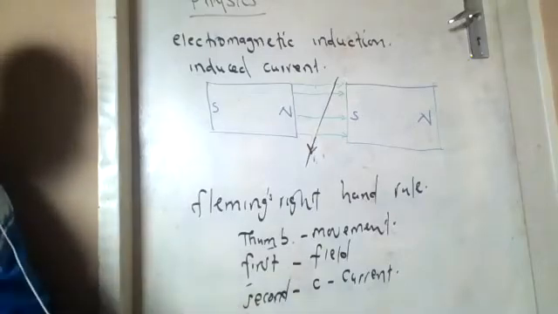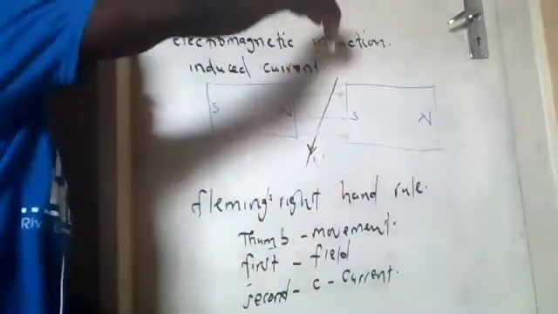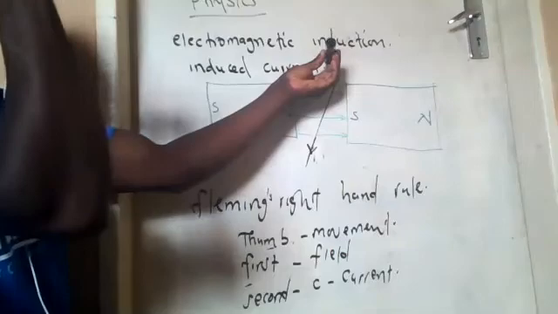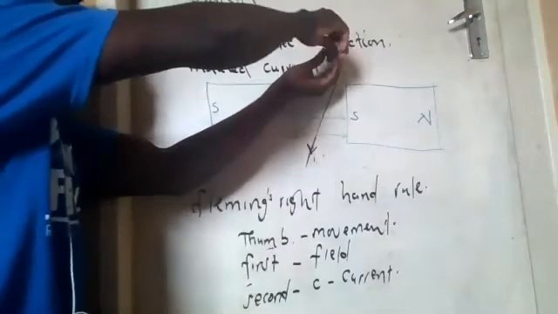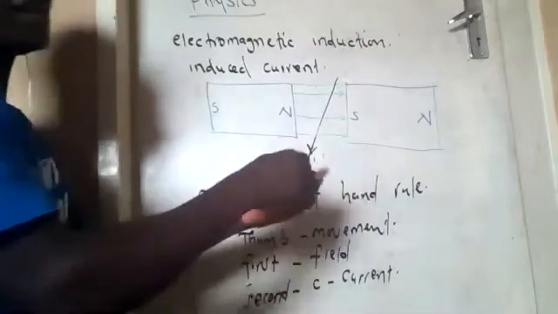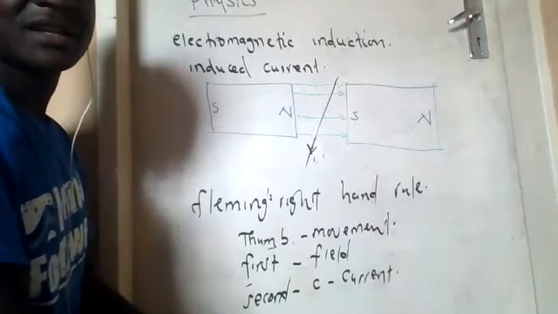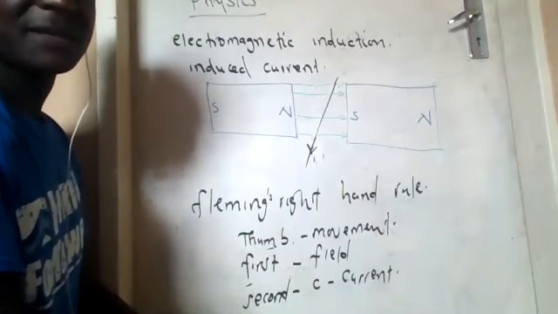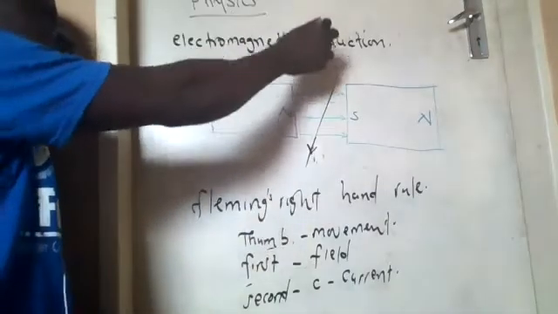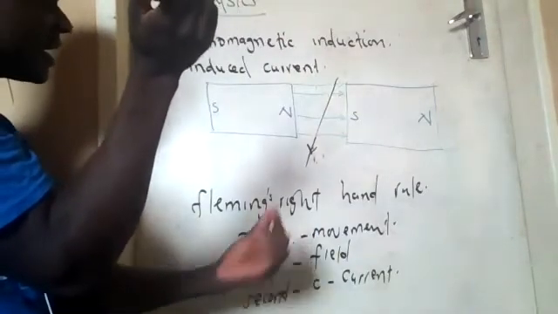But now what happens is that the moment this wire goes up, the current flows in that direction. The moment you bring this wire down, the current will flow in a different direction. When the wire cuts the magnetic field lines in an upward way, the current will flow in a particular direction, which you can determine by applying the right hand rule.